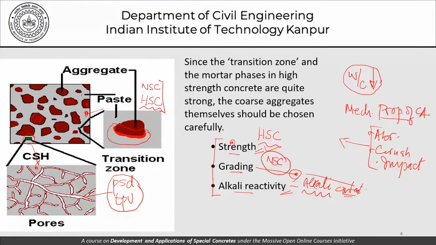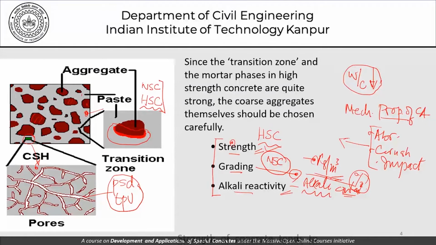It's not really the alkali content in cement per se, but the fact that you have a lot of cement basically adds to more alkali content in terms of kgs per cubic meter of concrete rather than the percentage of alkali content in the cement itself. So given this parameter, we have to be careful about the alkali reactivity of the aggregates as well.